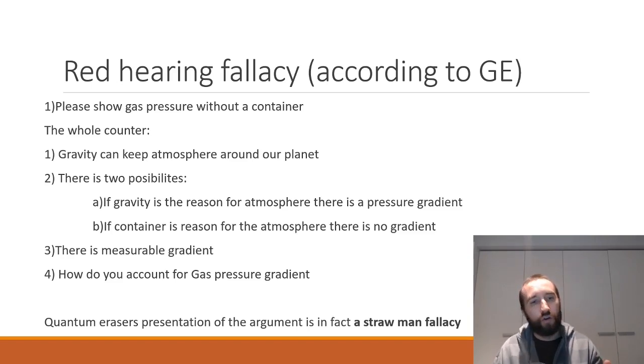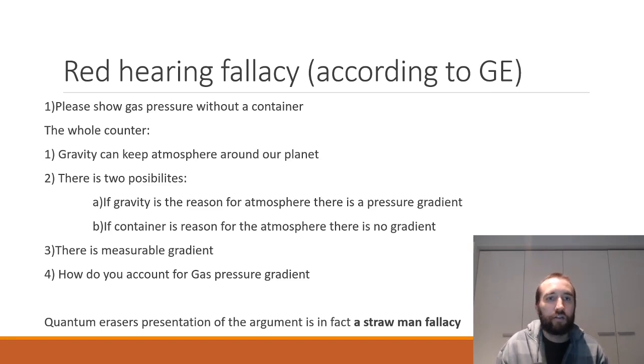If you claim that there are just the one and the four as counter arguments, and you claim that the 4 is straightforwardly attacking the original claim, it looks like a red herring fallacy. But the truth is, and I'm not totally sure, but I'm pretty sure that Quantum Eraser knows this, or then he's just an idiot, or total, well, yeah.